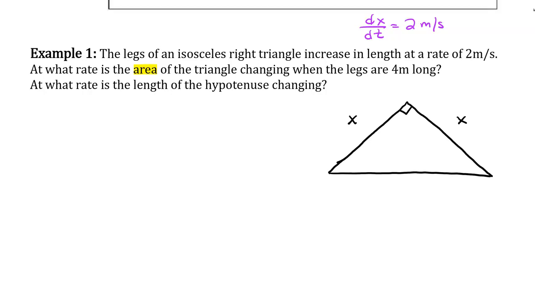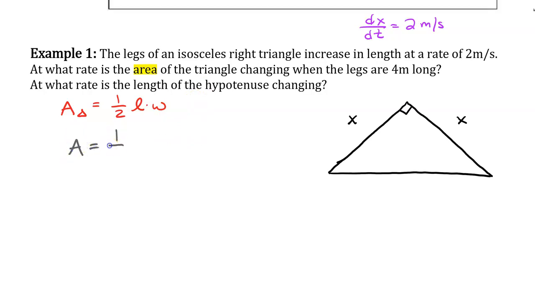Well, we know the formula for it, don't we? The area of a triangle is 1/2 length times width. Ta-da! There you go. Now we're going to adapt it to our triangle in particular. We're still going to have the 1/2 part. That's not going to change.